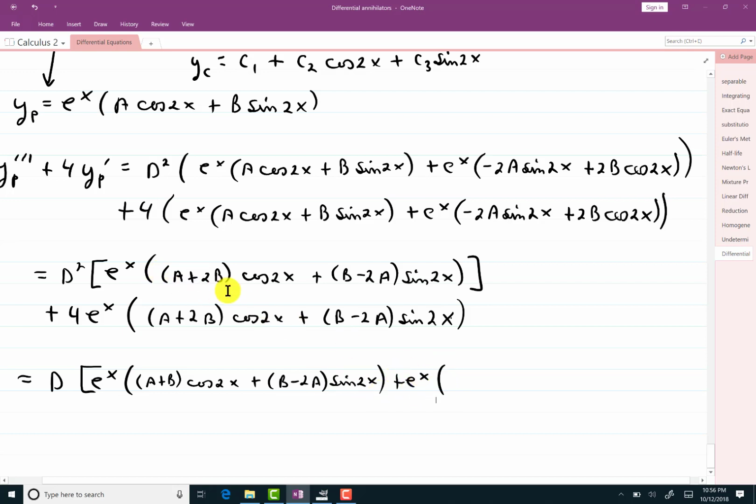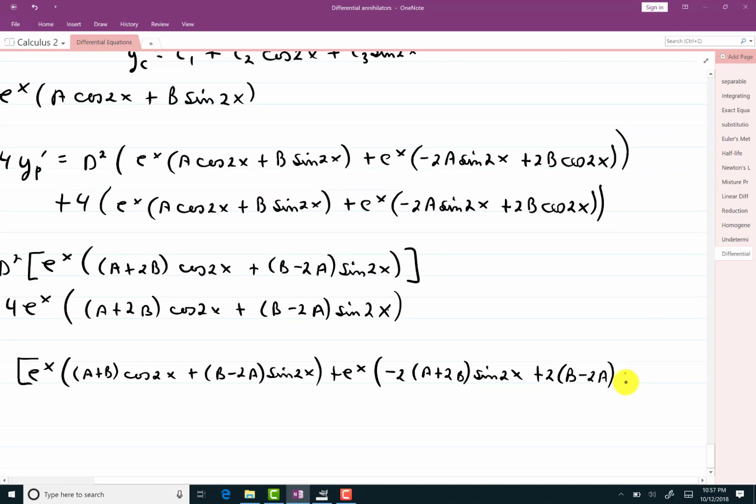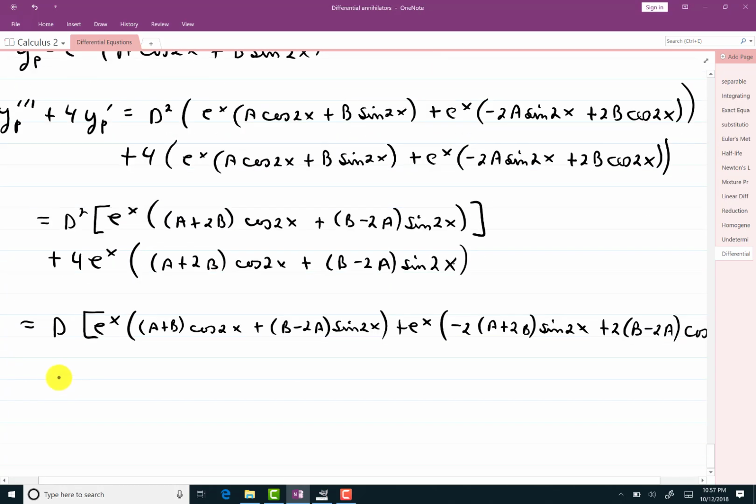This time when I take the derivative of this part here, I'll get negative 2 times that stuff times sine of 2x. Plus 2 times b minus 2a cosine of 2x. And of course, the other stuff is just brought down.